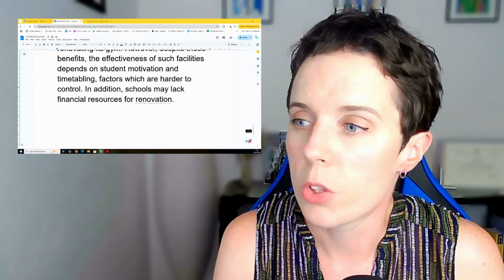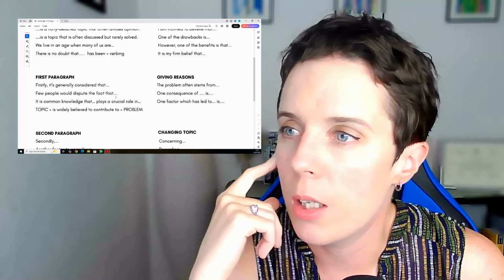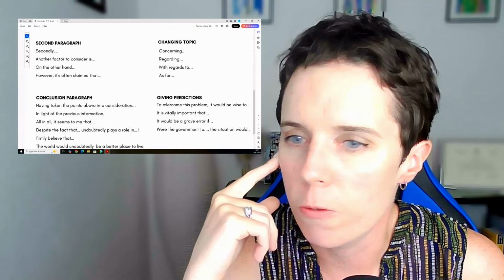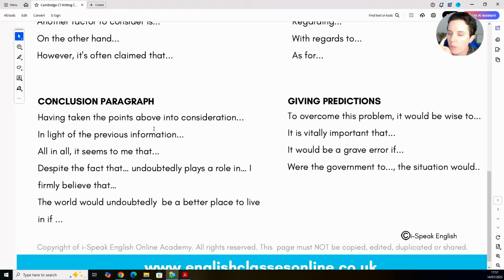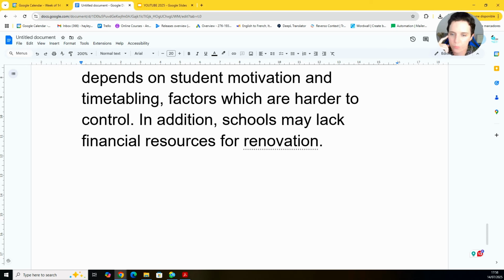Okay, let's take a look at my useful phrases list here for my conclusion paragraph. We've got a bunch here: having taken the points into consideration, in light of the previous information, all in all. Okay, could use any of those. I think I'm just going to go with a simple in conclusion, to be honest, because I'm a bit lazy.